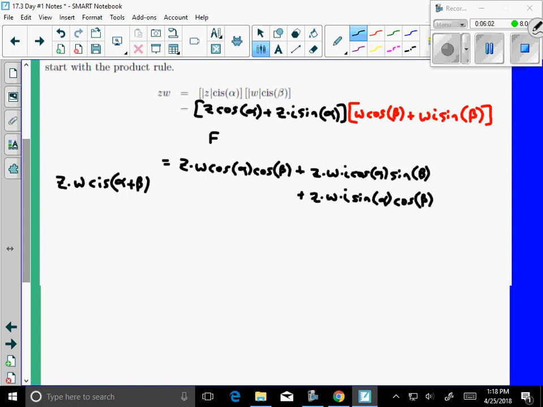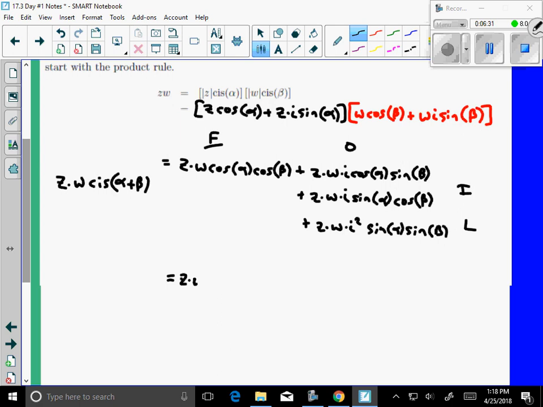And if I do last here, what will I get? Plus what? zw i to what power? Squared sine alpha sine beta. Woo! So that was first, that was outside, that was inside, that was last. Okay, so let's look at this for a moment. What do all of these have in common?